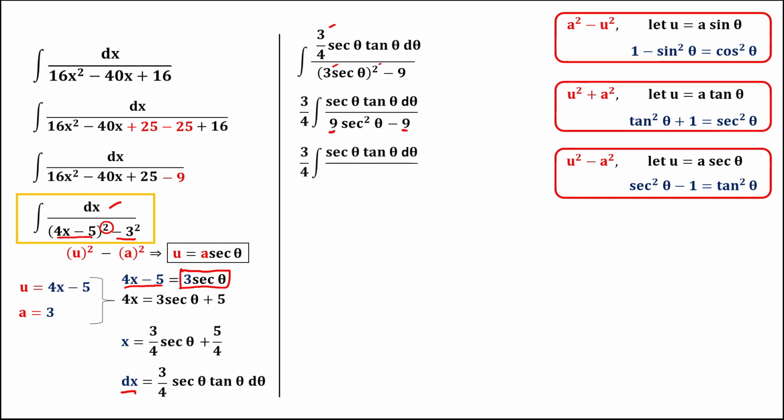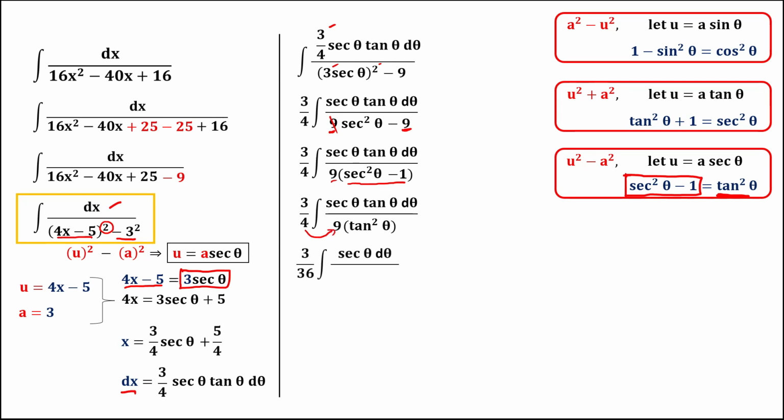So putting this 9 outside, the remaining is secant squared theta. And for this 9, divide by 9, so this is 1. Then apply now the identity for this secant squared theta minus 1. Since secant squared theta minus 1 is equal to tangent squared theta, then we need to multiply this 4 times 9. So this one is 36.